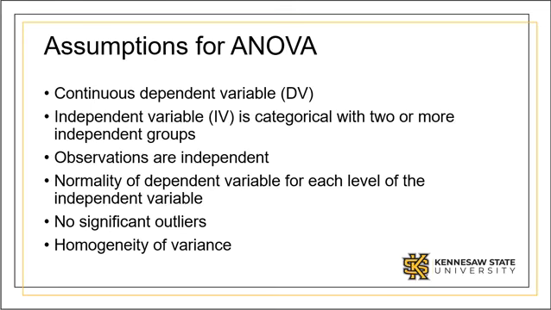Next, no significant outliers. There should be no significant outliers in the groups of your independent variable in terms of the dependent variable. Data values that are unusual or far apart compared to other data are outliers. Outliers can have a significant negative effect on our results.